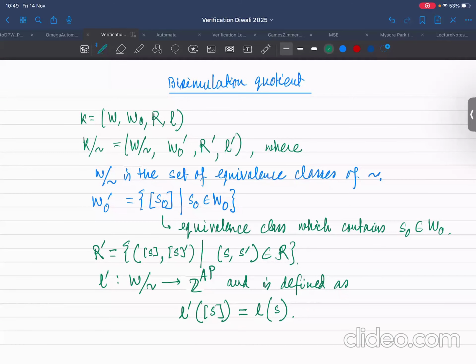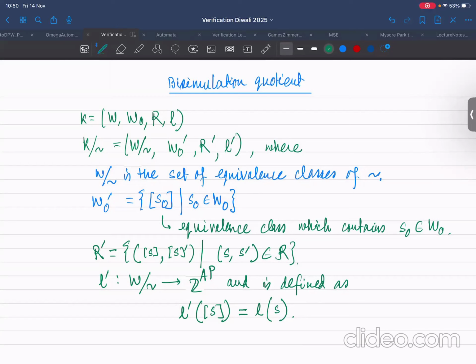Any questions on the definition of the bisimulation quotient? So what are we doing? We have the given Kripke structure, and we see across all the pairs what the set of states are that are bisimilar to each other, and you get a bunch of equivalence classes.